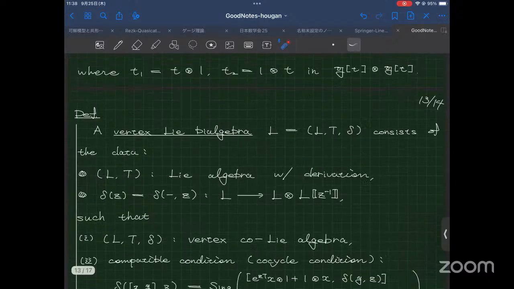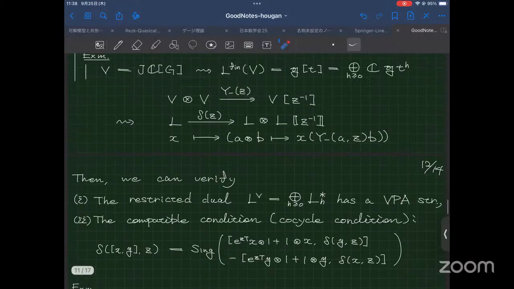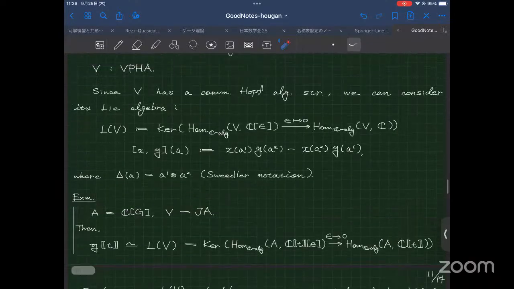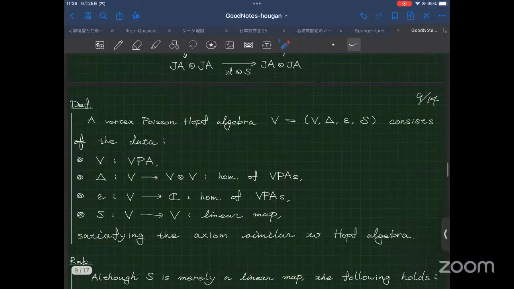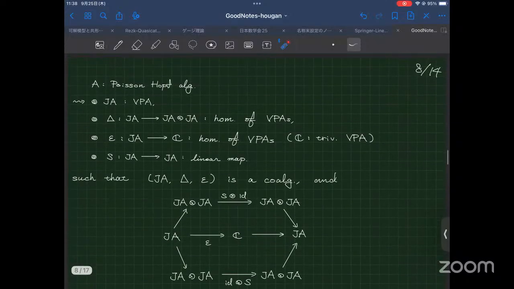Its motivation is, firstly, I considered jets of Poisson Hopf algebras. I know the jet of a Poisson algebra is a vertex Poisson algebra, and so for a Poisson Hopf algebra, what is the jet?